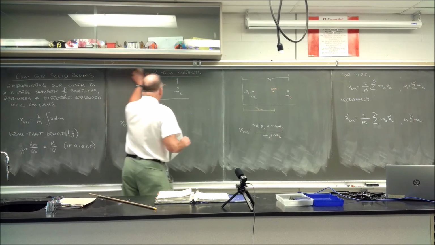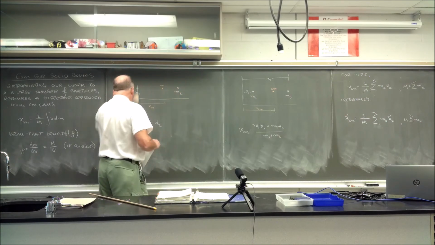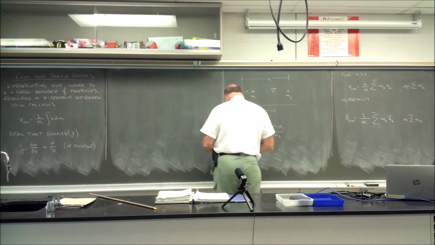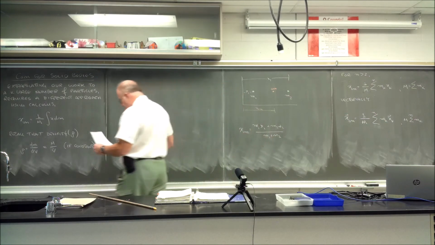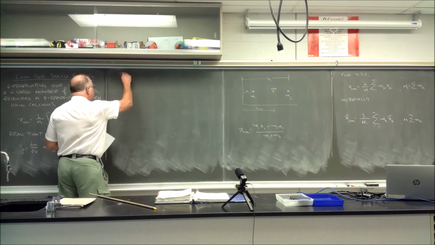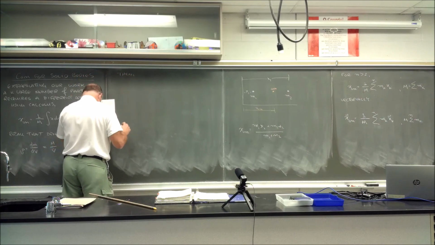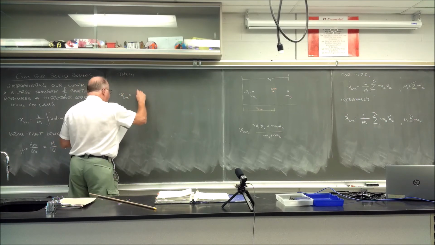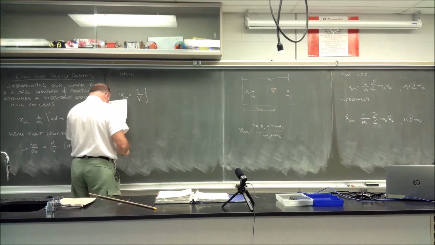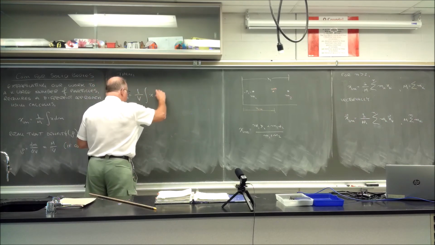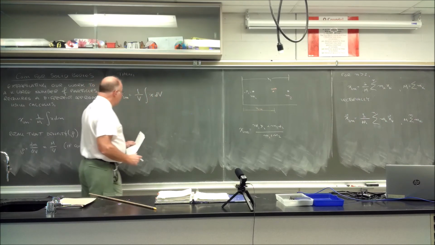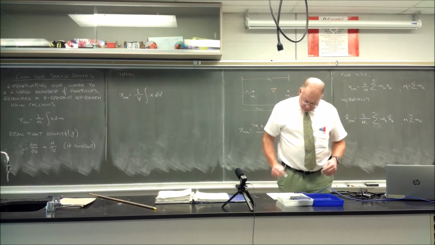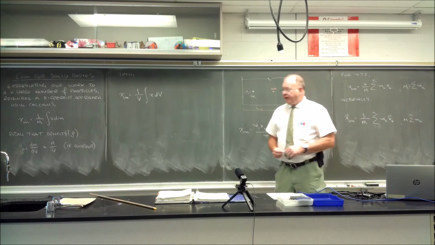So this leads us then to a discussion of the shape of the object more than the mass. In other words, the distribution of the mass, if you will. Then XCM is equal to 1 over V times rho, or sorry, times the integral rather of x dV. And so this gives us a chance now to look at the shapes.